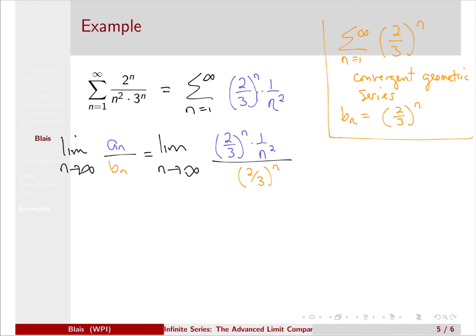And we see right away the 2/3 to the n terms cancel, and we get the limit as n goes to infinity of 1 over n squared, which is 0. And this is perfectly set up to now use our special version of the limit comparison test.